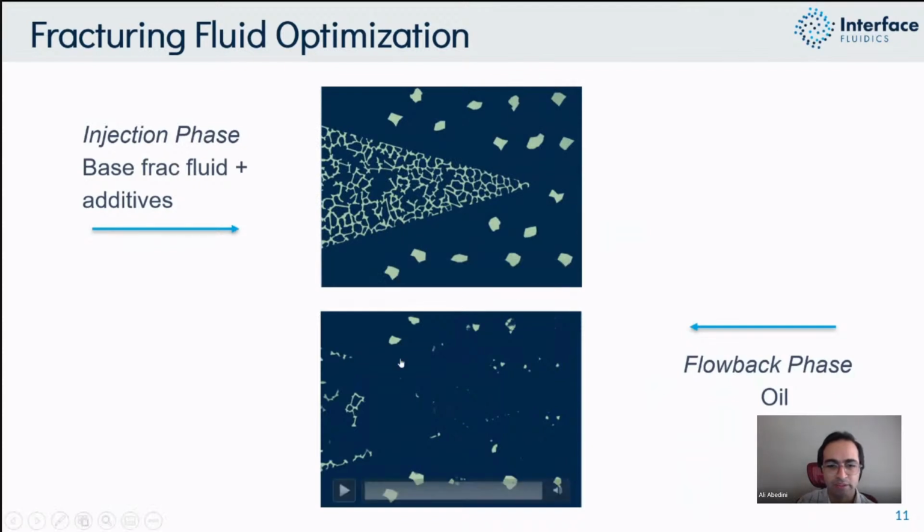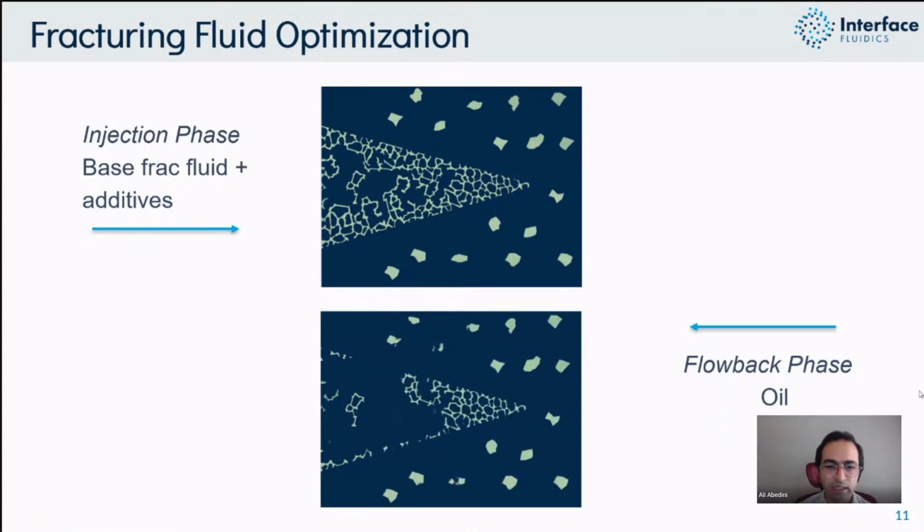And the bottom video is showing the oil flow back. Here the oil is injected from right to left, and you can see how the fluid dynamics go: the front of the oil, and how much of the pore space is being filled by injecting the oil from matrix into the frac zone.